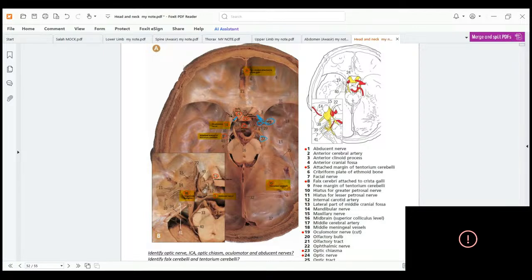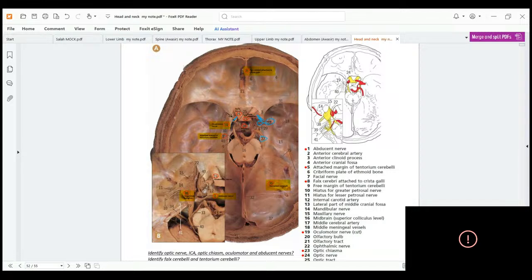Attachment of the tentorium secondary? Take care when you pronounce it.